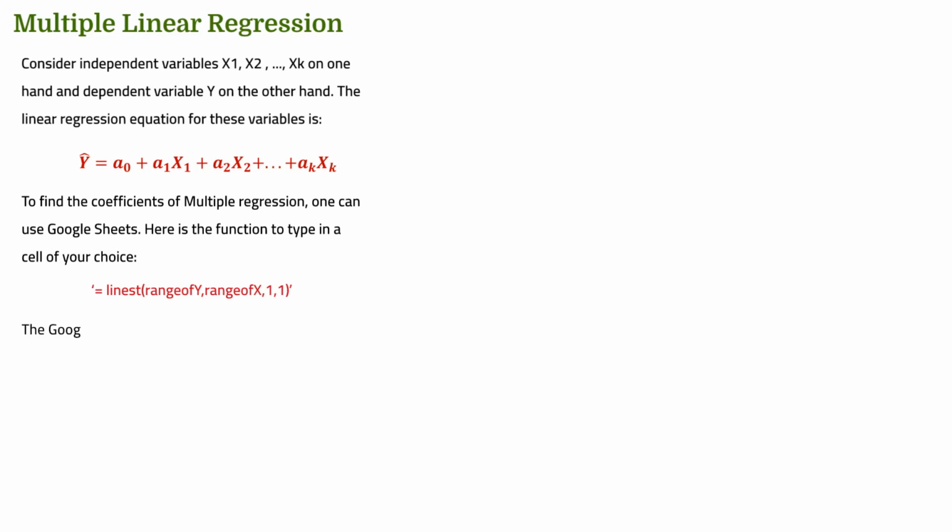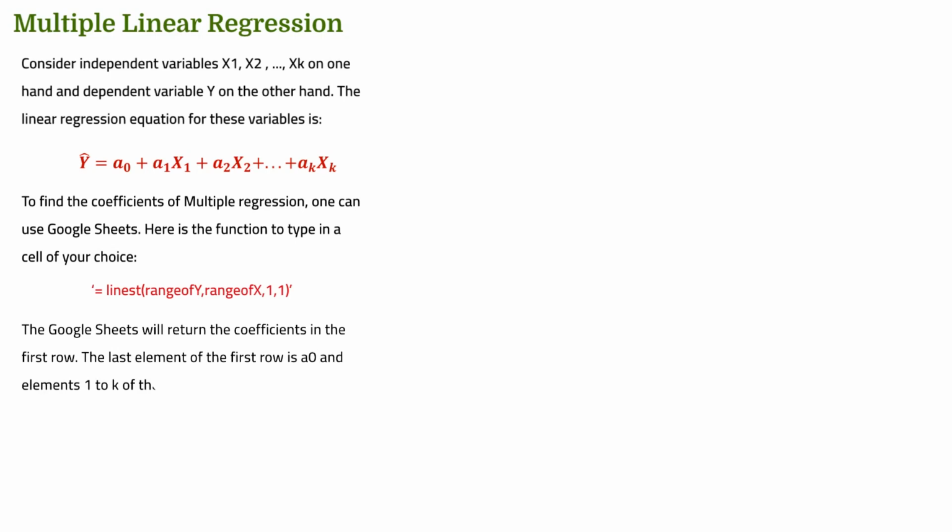If you have one variable x, then a0 and a1. The Google Sheet will return coefficients in the first row. The last element of the first row is a0, and elements 1 to k of the first row are a1, a2 to ak. And R square appears as the first element of the third row.